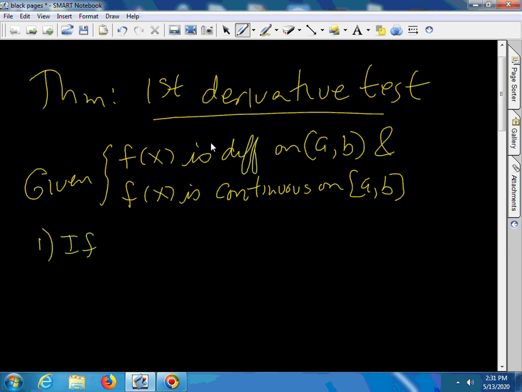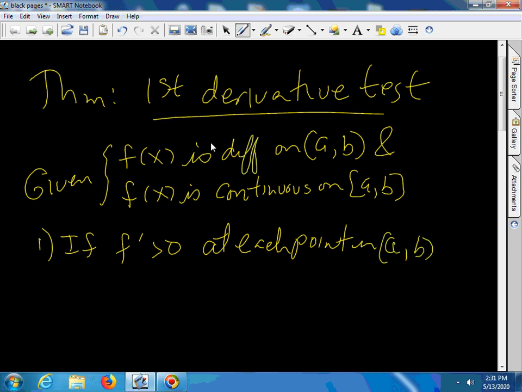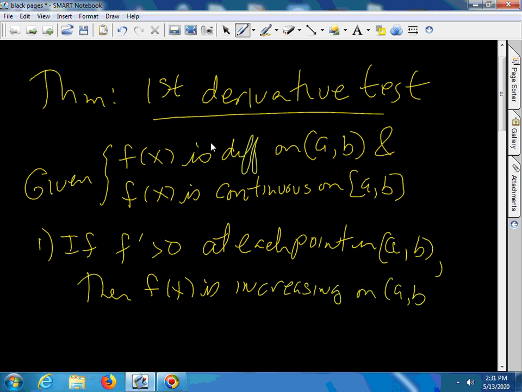If f prime is greater than 0 at each point in AB, then f of x is increasing on AB.